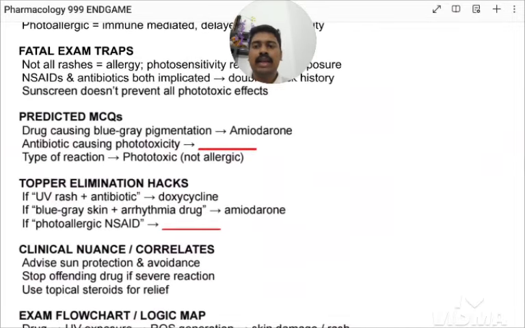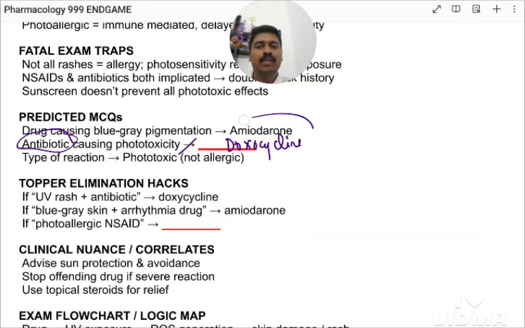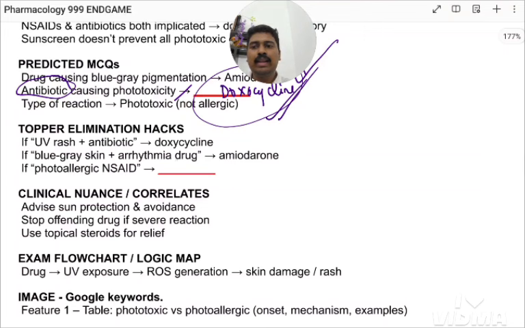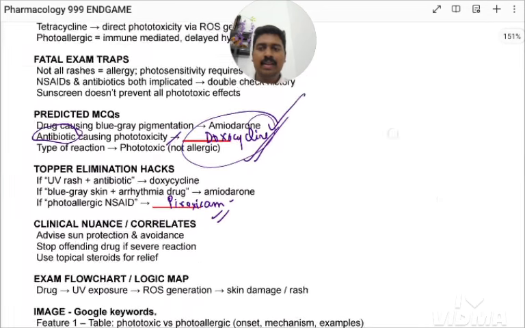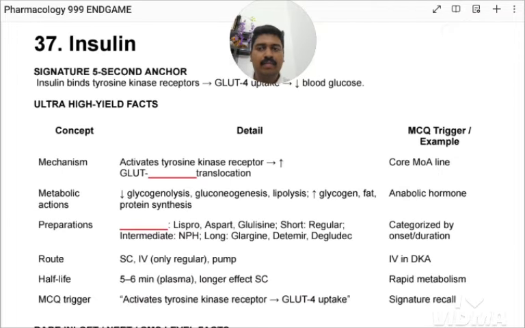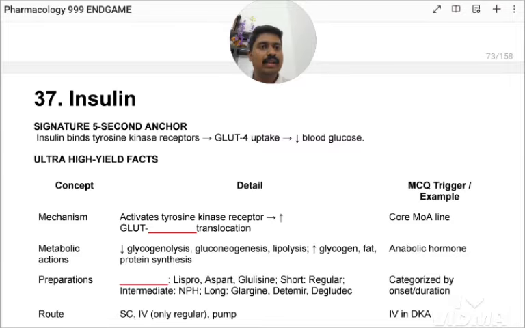Next, antibiotics causing phototoxicity: fluoroquinolones. One specific antibiotic, if you want to write, is doxycycline, which is extremely important. For a photoallergic NSAID, it is piroxicam. The rest I have explained already. Next, we'll go to the endocrine part, that is insulin.